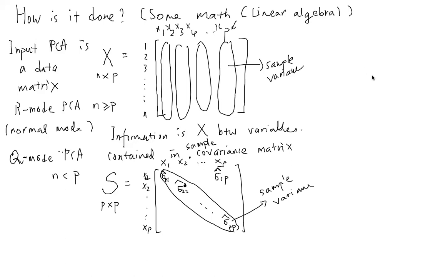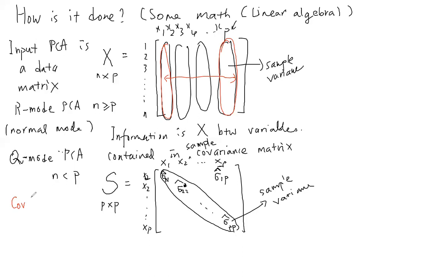You are looking at a pair, the sample covariance of these two variables. Covariance is basically summarizing how two variables are related to each other, affect each other.